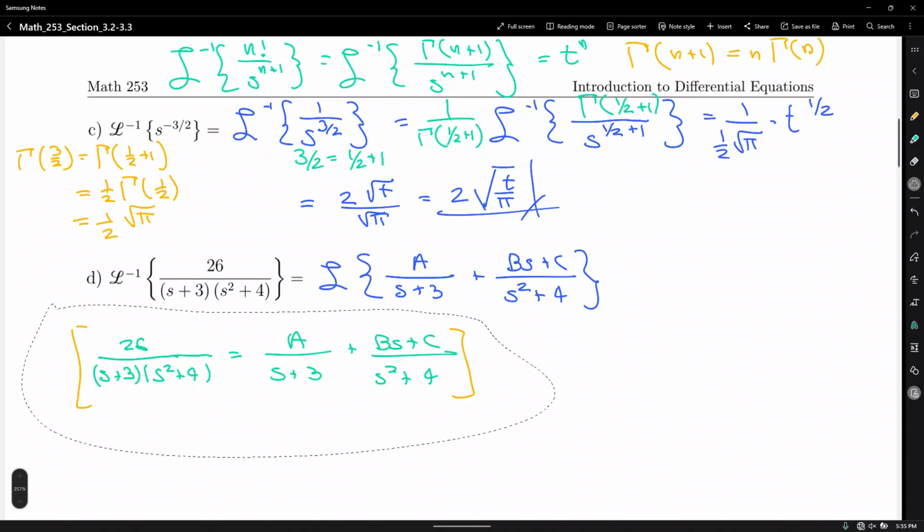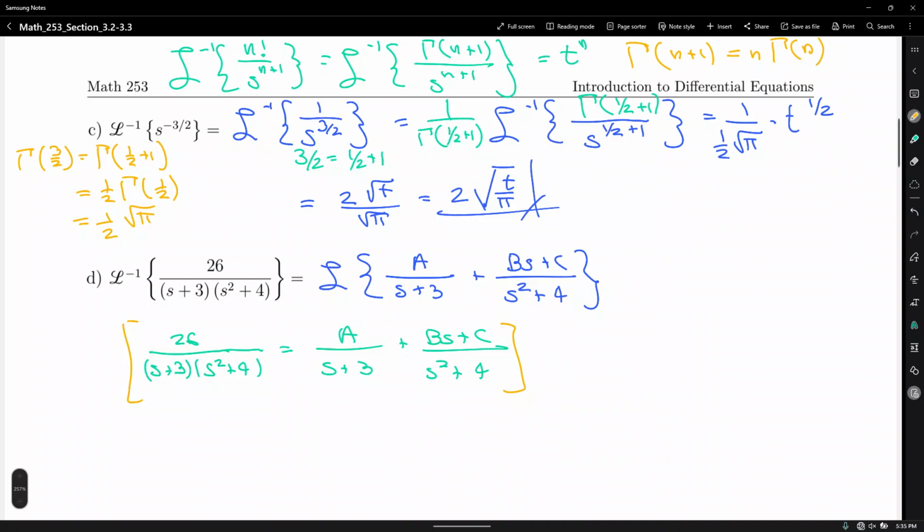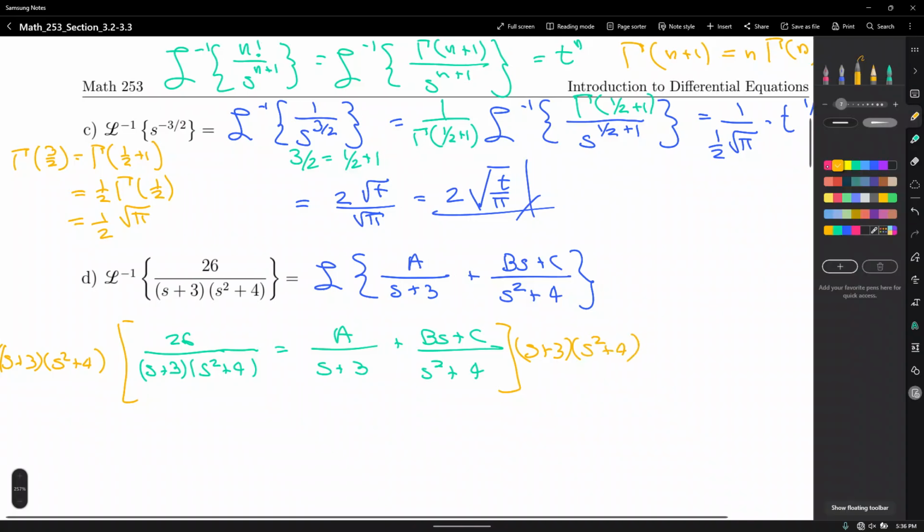So let me make more space. So this would be s plus 3, s squared plus 4, s plus 3, s squared plus 4, okay?